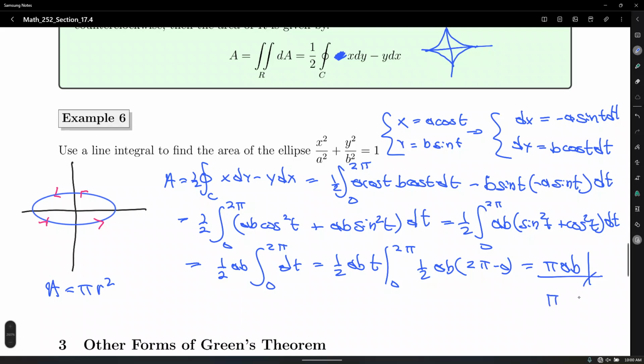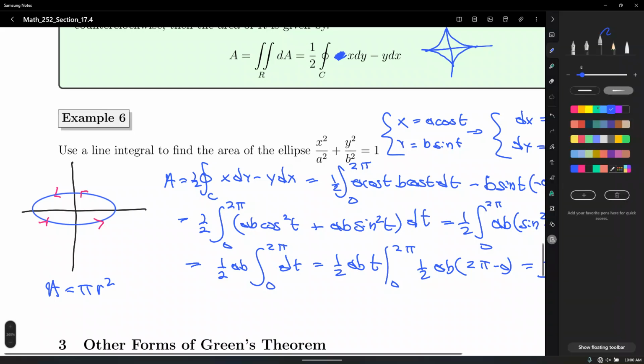So that would be the same as pi times a squared. So it's pretty closely related to finding the area of a circle. All we do is break up that radius squared into the major radius and the minor radius. It's the product of the two radii, and that's how we get the area of the ellipse.